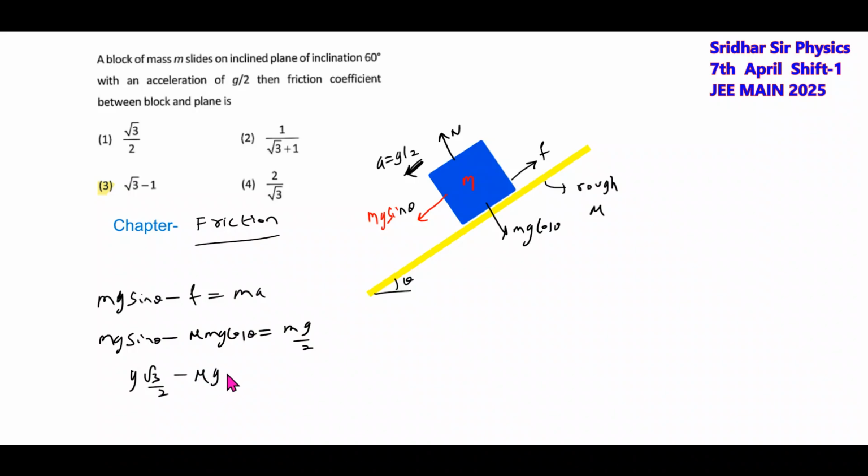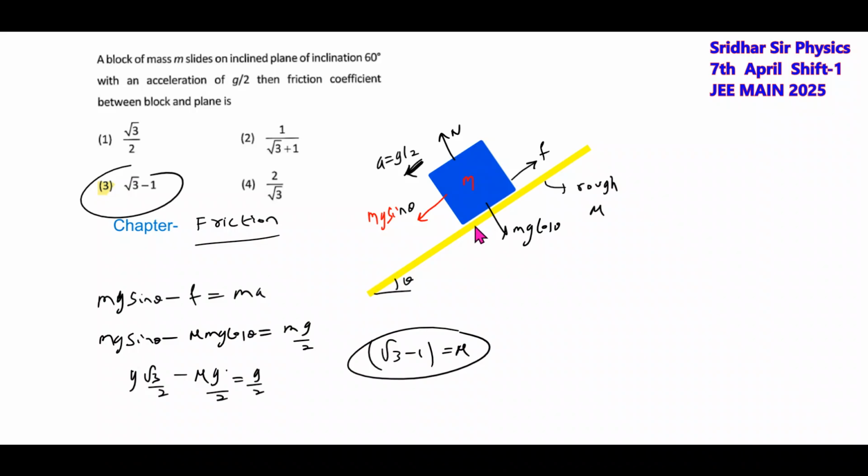Mu we don't know. g cos 60, 1 by 2. g by 2. g will get cancelled out. So this will be root 3 minus 1. This will be the value of mu. Just small ideas of friction.